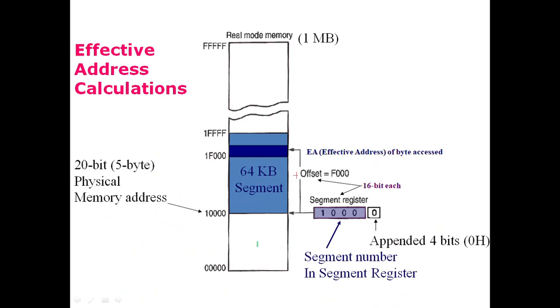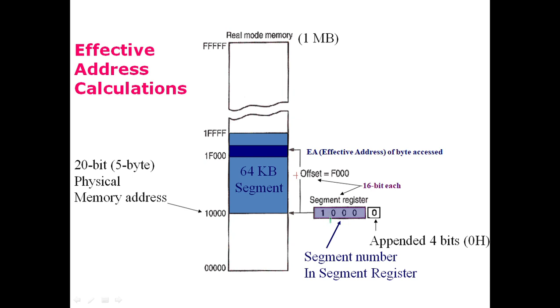Let's suppose here we have the real memory. The starting address is the 20-bit address, which includes all zeros, and the last address is FFFFF. Let's assume we have a segment register, and the content of the segment register is given here.